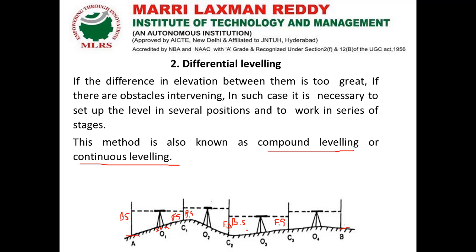Remember that for each instrument station, O1, O2, O3, O4, the line of sight height differs. That's why we call them the first reading and last reading.